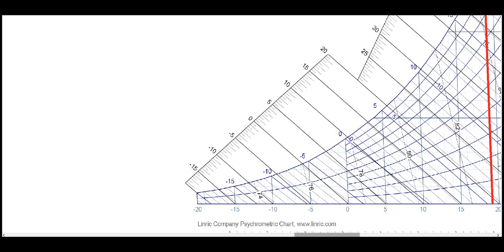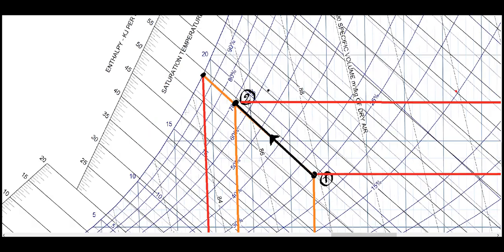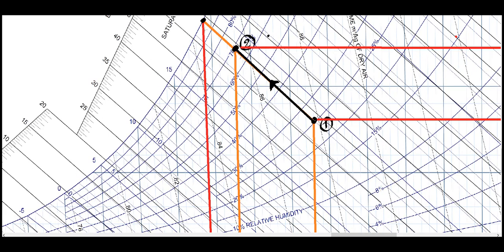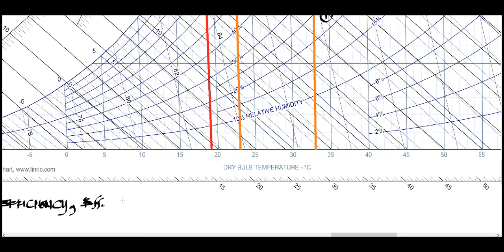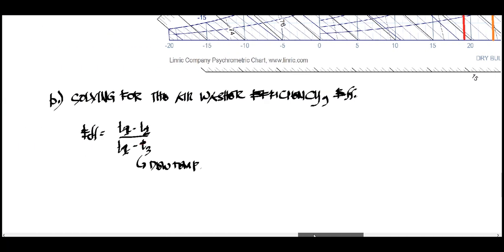So plotting that one in the psychrometric chart, the dew point temperature would be at this point. So this is 19 degrees. Lowering it down to get the dew point temperature, we have 19 degrees Celsius. Okay. Then we'll be multiplying by 100% to get the efficiency.